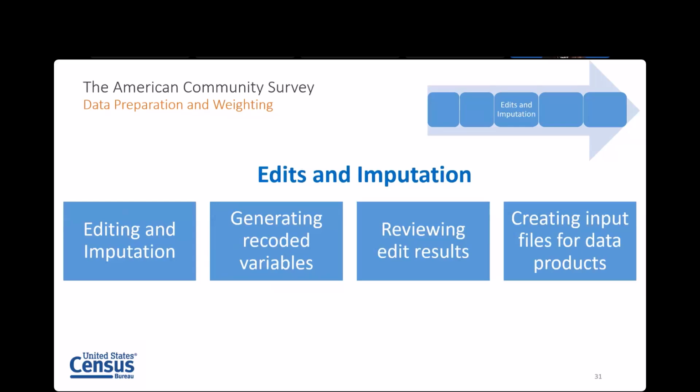Now, the next stage is edits and imputation. This begins after the files created in the input file process, and that's the step before this, are generated and verified. The main steps are editing and imputation, generating recoded variables, reviewing edit results, and creating input files for data products.